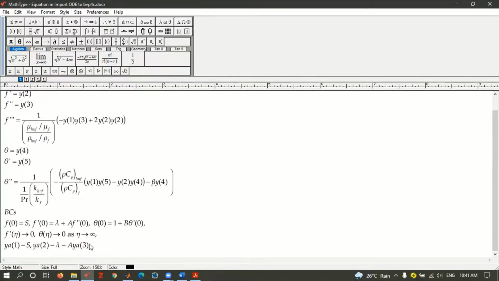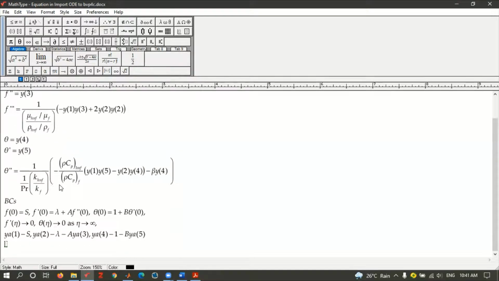Okay, that's all. Then for theta, the same. Theta is y4, so ya4 equals 1 plus b theta prime. So it should be minus 1 minus b theta prime, where theta prime is y5, so ya5. Okay, and then for eta goes to infinity, we let it be yb instead of ya, because ya is for eta equals 0.